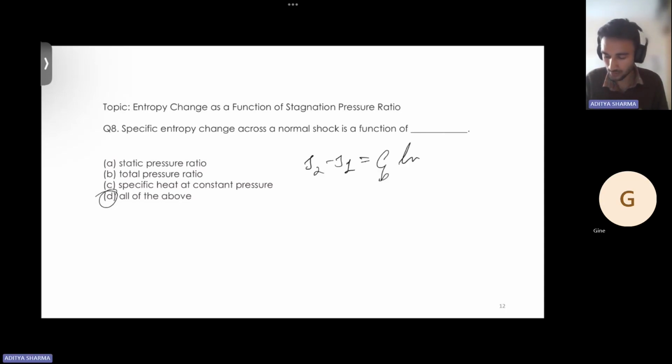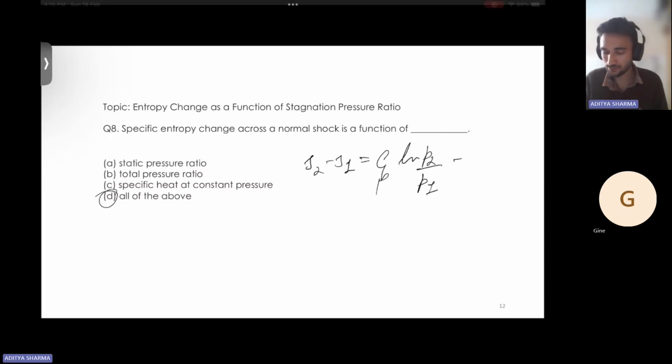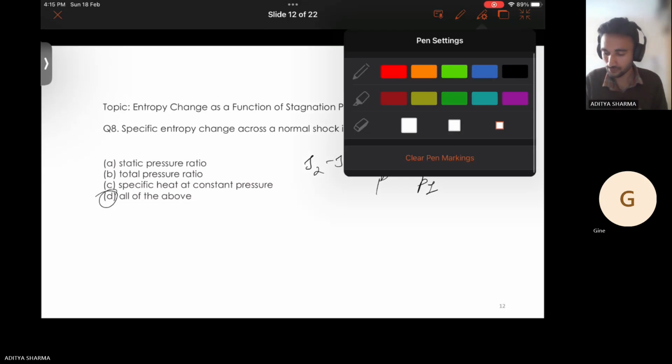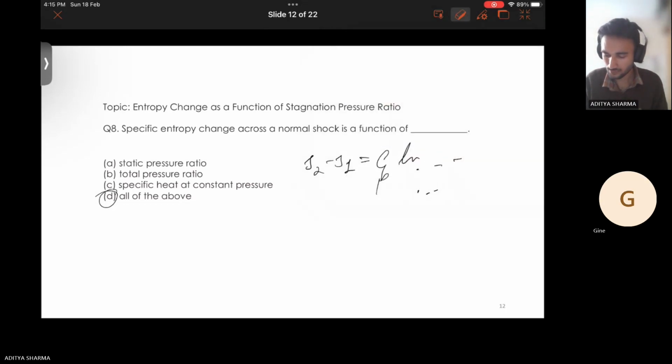So this is Cp ln T2 by T1 minus R ln P2 by P1.